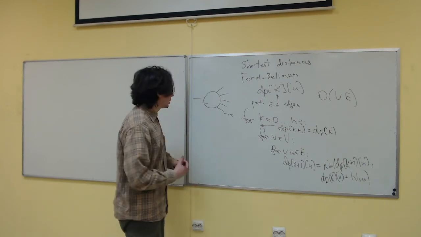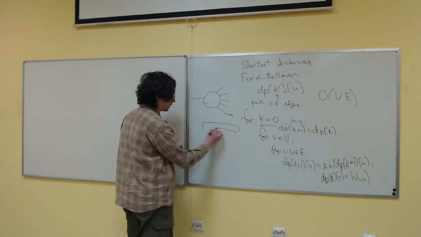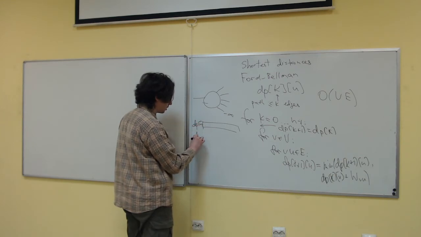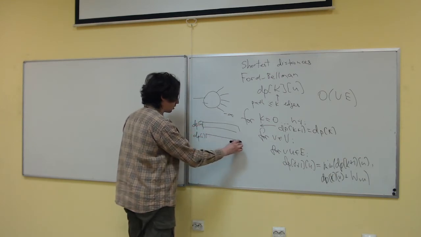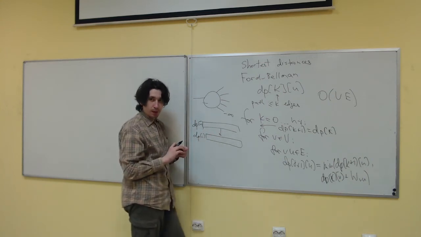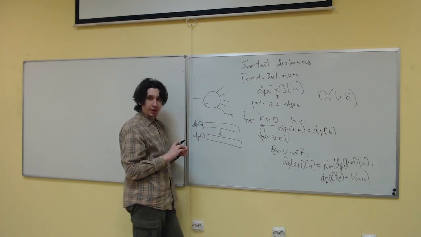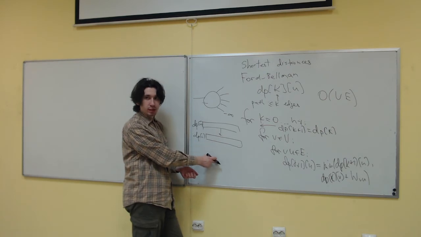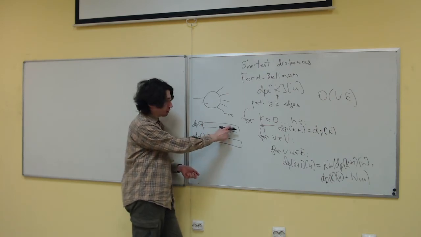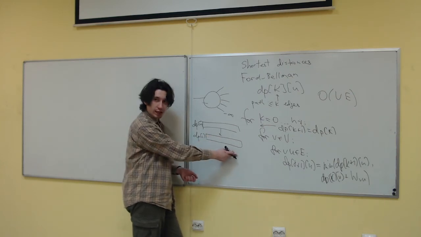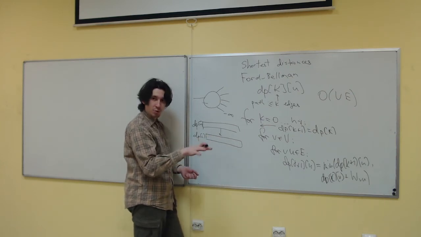Why so? Suppose this is dp of n minus 1, and this is dp of n. If nothing has changed between these two, then the distances are fine, because each next time you will get the same distance array, and it never will change.